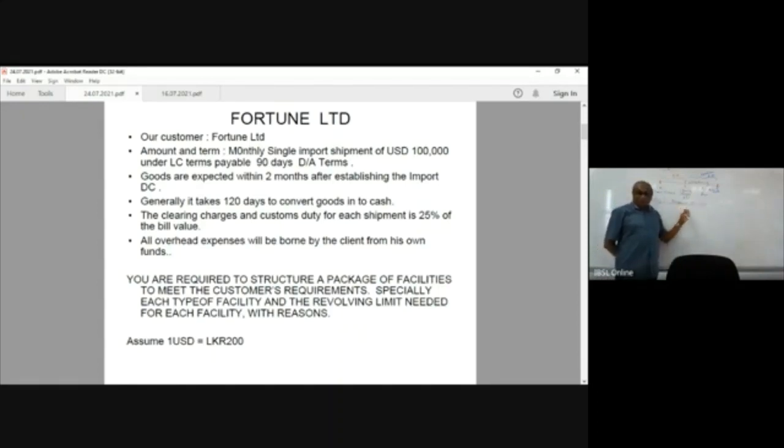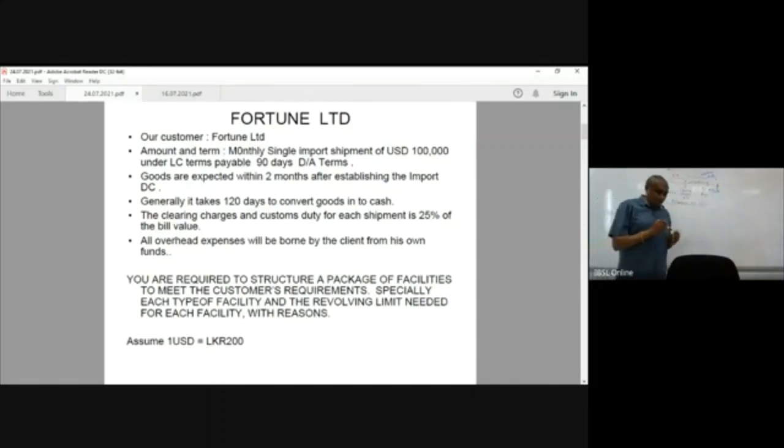So when you are writing also you do the same thing. Here also what you have to do is cut and paste. So here, say: monthly single import shipment of US dollars 100,000 under LC terms, payable at 90 days DA terms. That part, the whole thing you have to write.